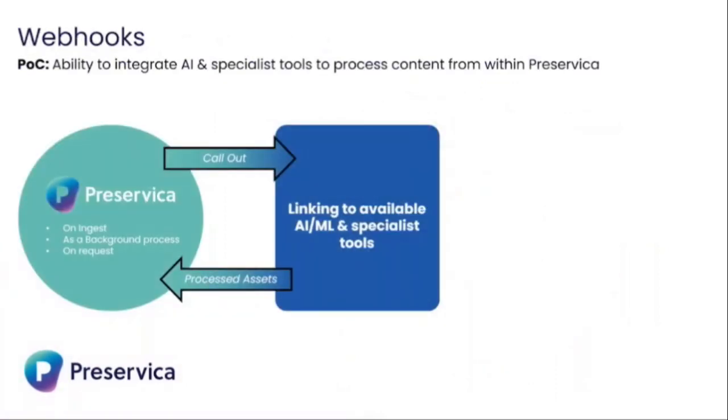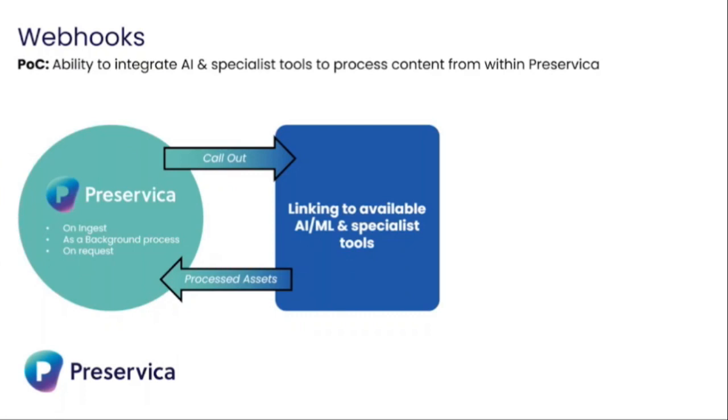Currently in our proof of concept, which I'll be handing over to Jack in a few seconds to take you through, at the moment we're using webhooks. This is for API users on the Enterprise Edition who can use APIs. And it's triggered from Preservica.